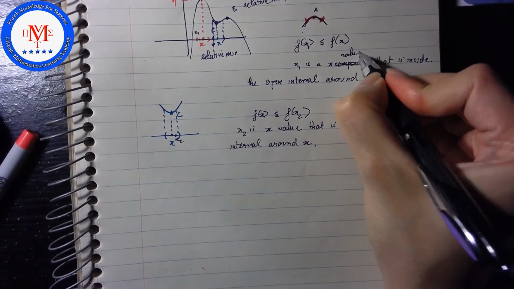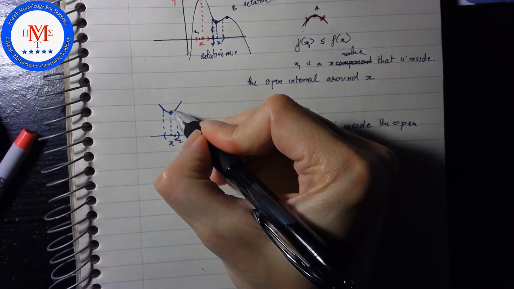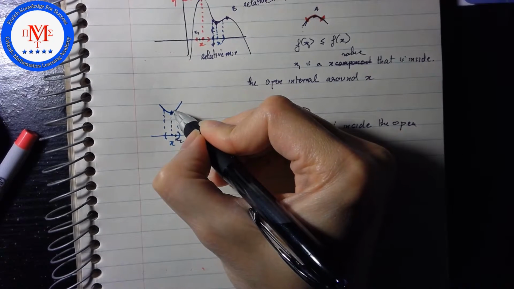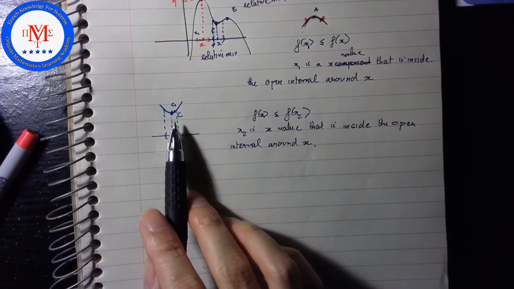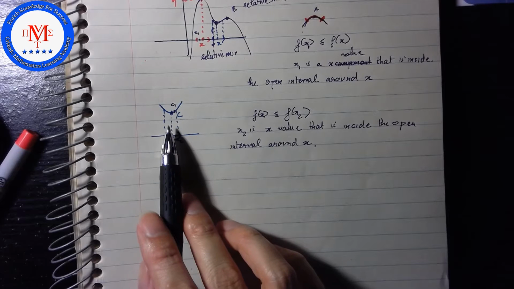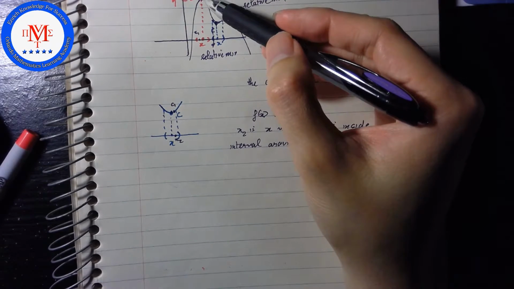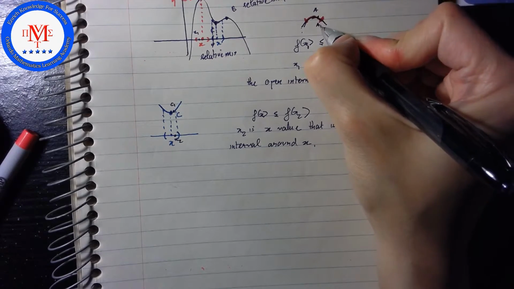Or you can think this way: any point around the point C, for example C1, C2, C3, is always above point C. And for the relative max, any point around the point A, for example A1, A2, A3, is always below the point A.